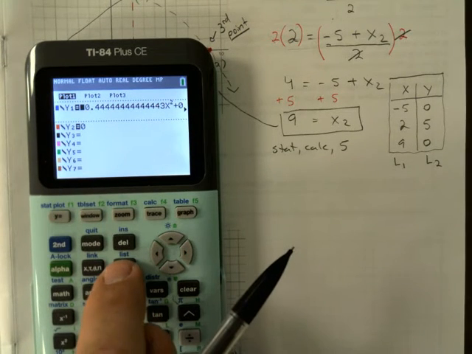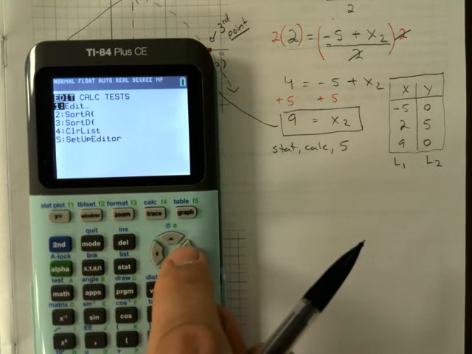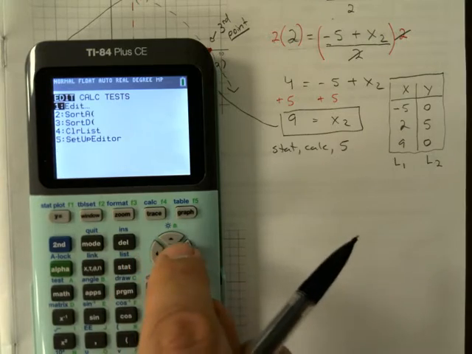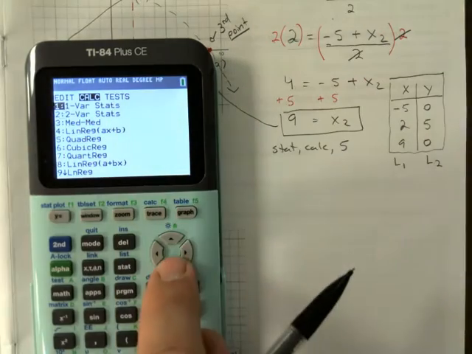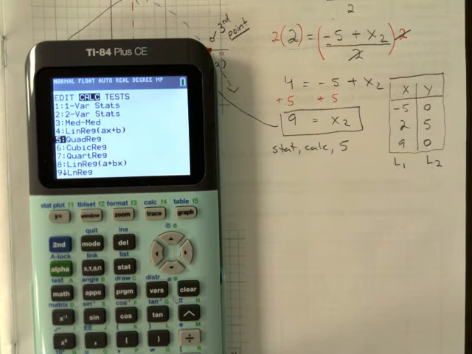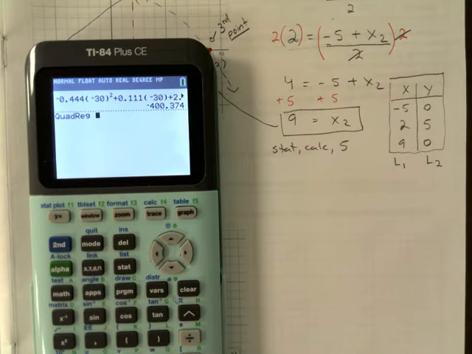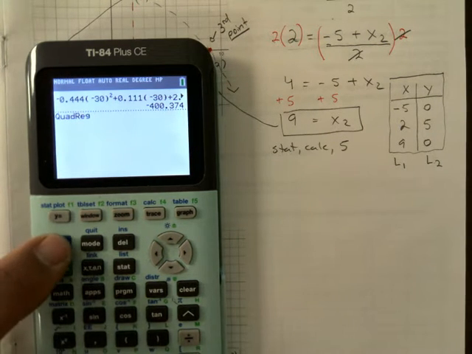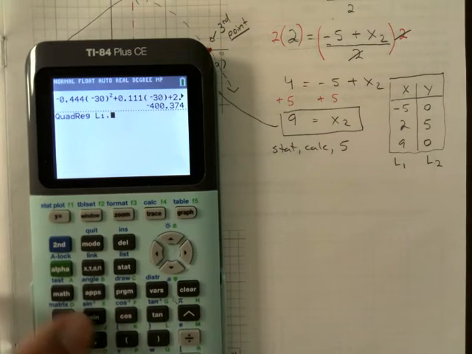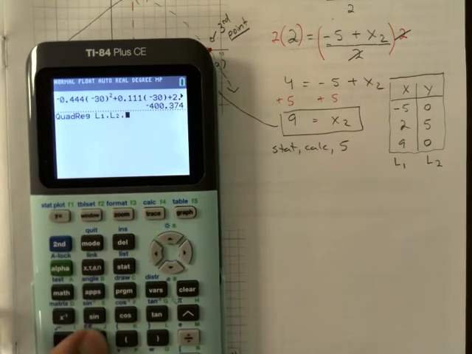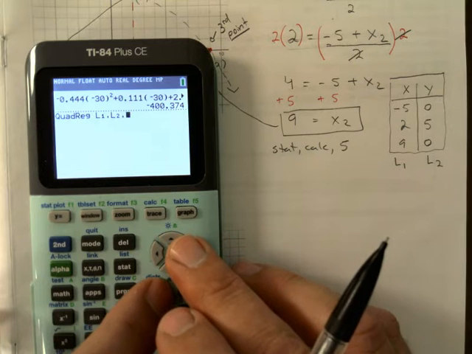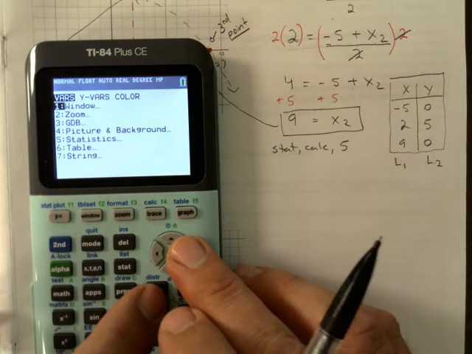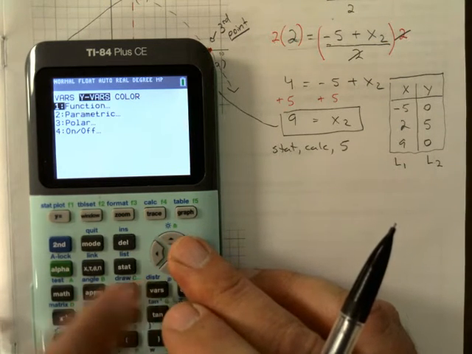So let's go ahead and perform the regression. Stat, calculate. So you go stat and then to the right for calculate, you pick quadratic regression. And then it's second 1, comma, second 2, comma, vars, y variables, and then it's enter 3 times.